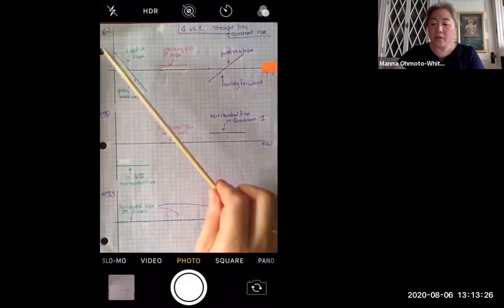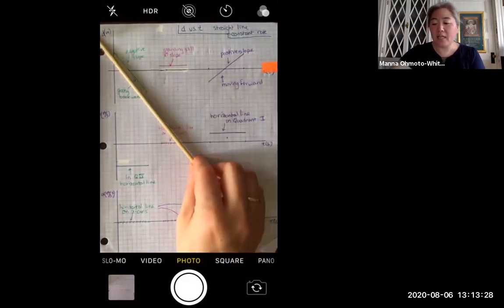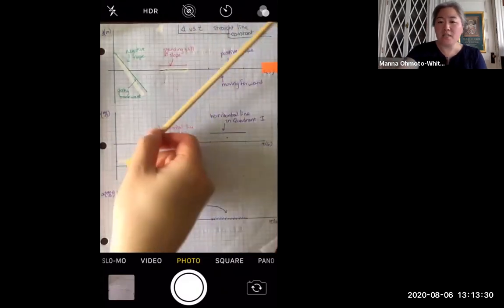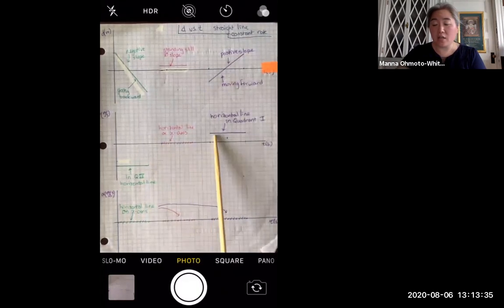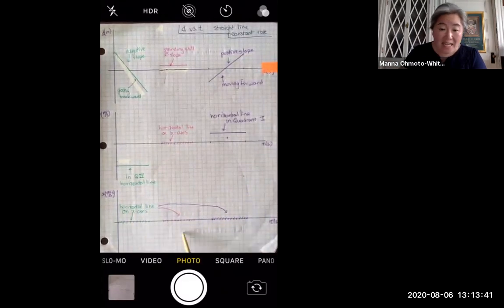So you'll notice that whenever I have a straight line, whether it's negative, zero slope, or positive on my D versus T graph, they are always horizontal lines on my V versus T graphs, and they will always be horizontal lines and on the x-axis on an A versus T graph.